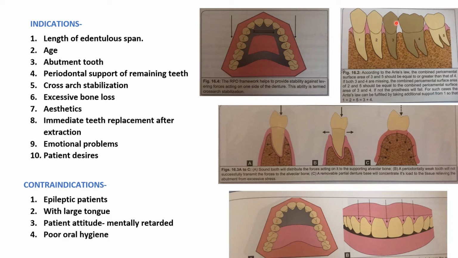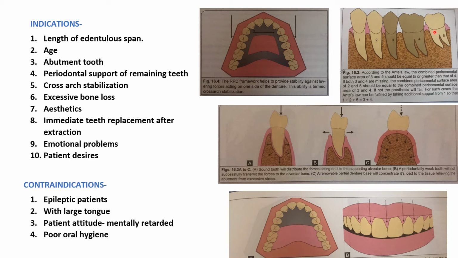Now the abutment teeth: fixed partial dentures can only be used if there is a posterior tooth for support. If you're fabricating a fixed partial denture onto this tooth, you need an abutment on both sides. It's not possible to make a fixed partial denture when the tooth is absent over here. So you always need posterior teeth.